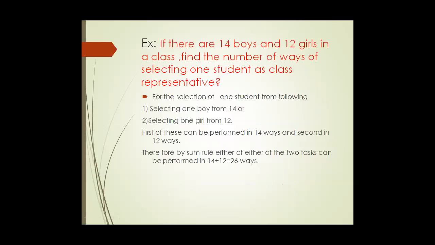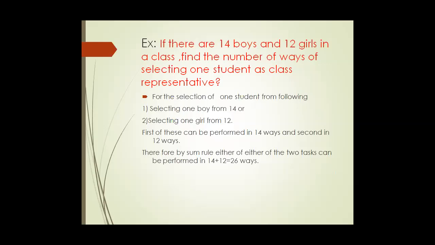Let's go for the example problems. If there are 14 boys and 12 girls in a class, find the number of ways of selecting one student as a class representative.